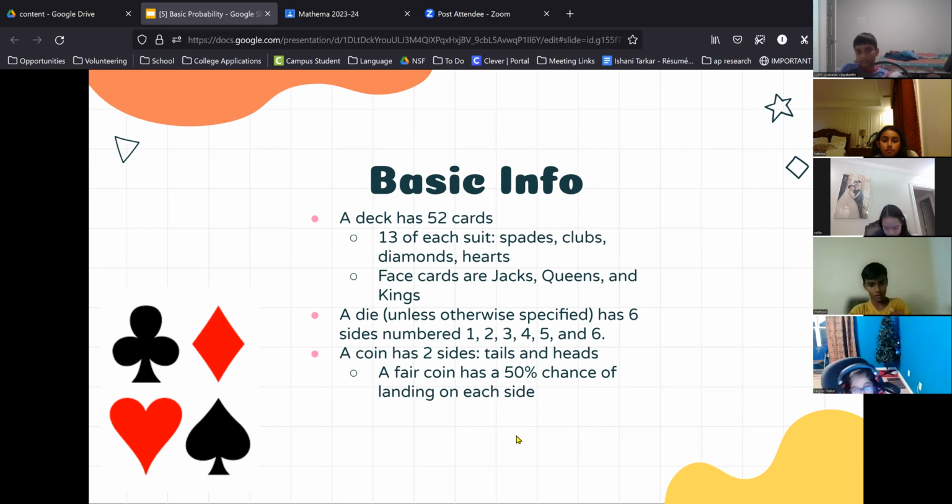But this is important information that you should know if you're competing in MATHCOUNTS or any other competition, because sometimes you are not necessarily explicitly given this information, but it is there. Okay, I am assuming you all wrote that down.